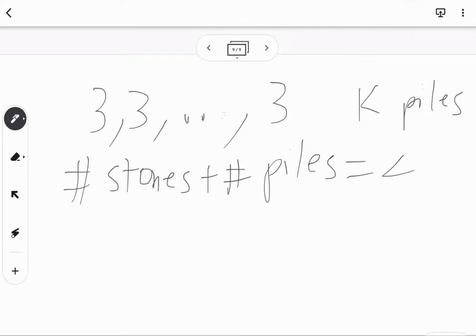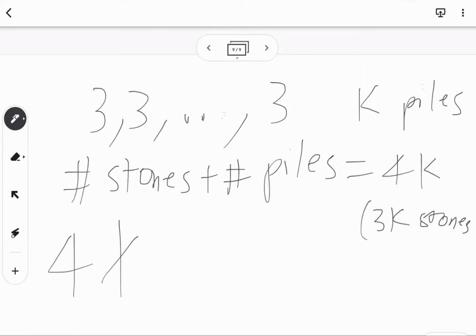Because we have 3k stones and k piles. But the thing is, 4 does not divide 1001, so we have a contradiction, and we have proven it.